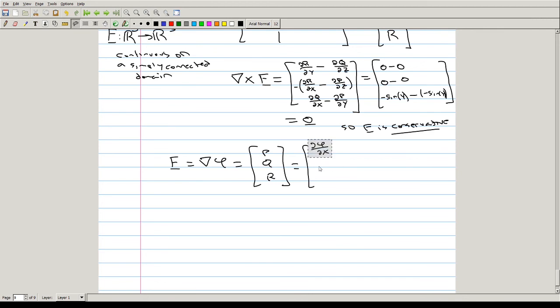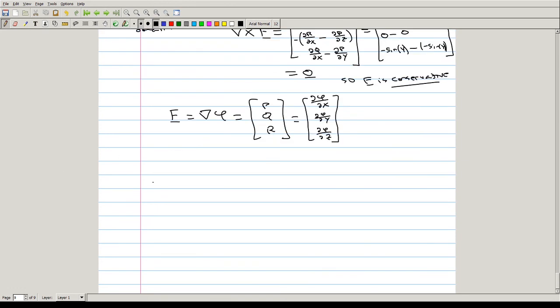Q is going to be the y partial derivative of phi. And R is going to be the z partial derivative of phi. The question is how to solve for this phi. So we'll go through and integrate one of these equations to try and see what happens here.